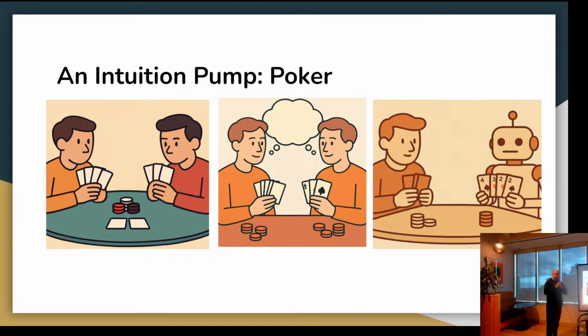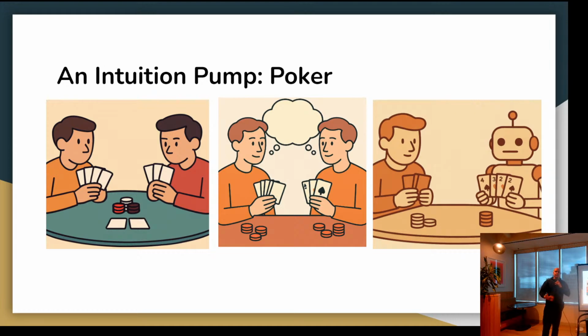So the question is, we want to unblock our intuition pump a little bit and go into more detail. The idea is that poker is a partial hidden information game. You have some set of cards that you're aware of, your opponent has some set of cards that they're aware of, and there's some set of cards that you have in common, depending on the variant of poker.